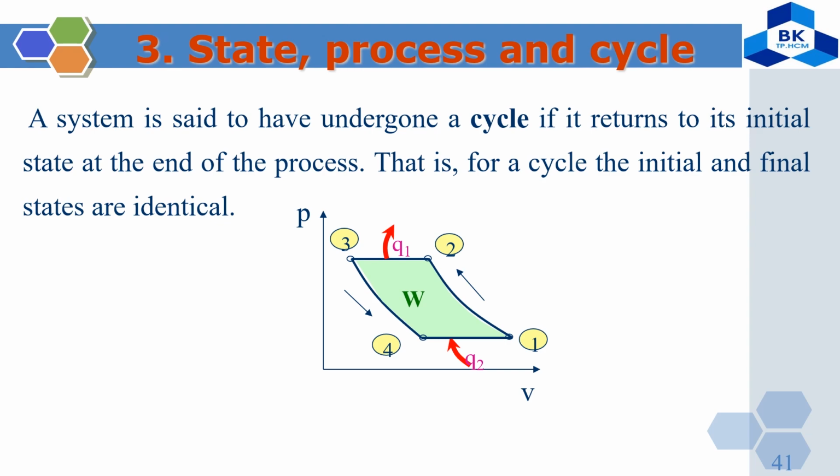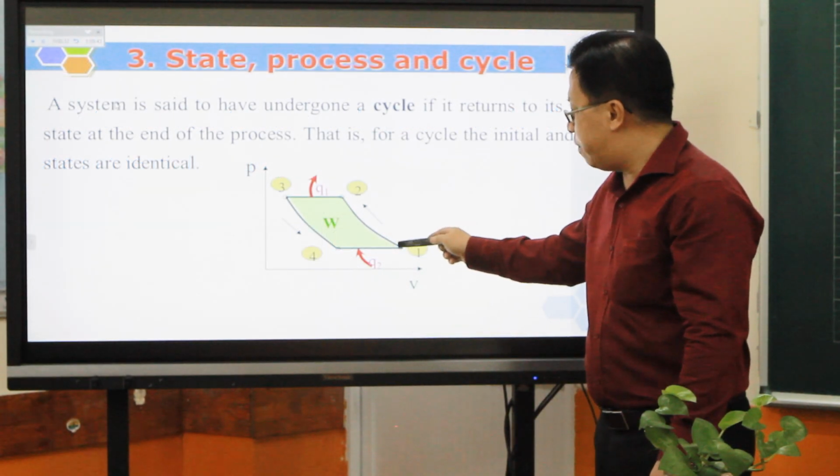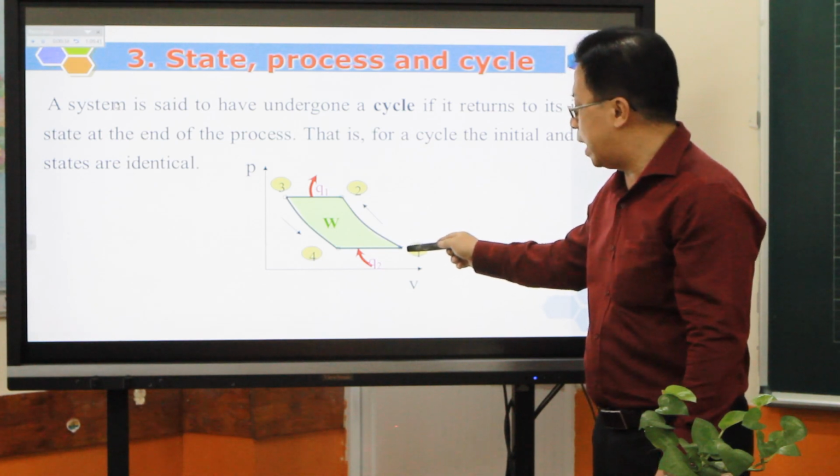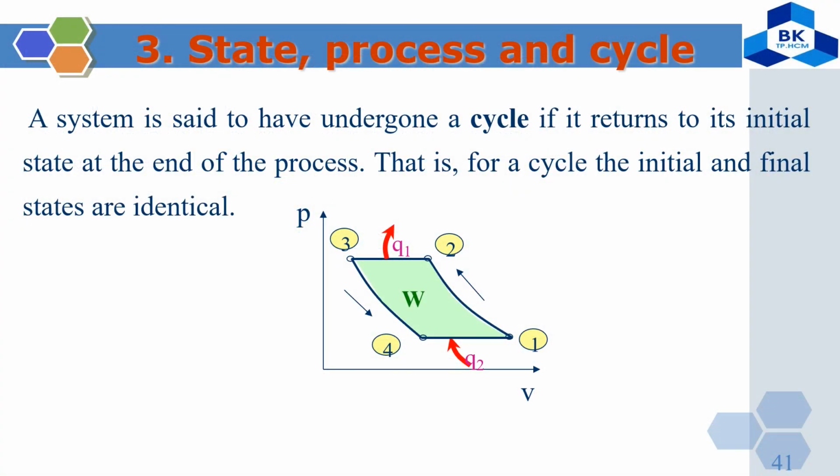For example, we have the cycle 1, 2, 3, 4, 1. So the initial state is 1 and the final state is also 1. So we make a cycle: we go one round and the final state comes back to the initial state.